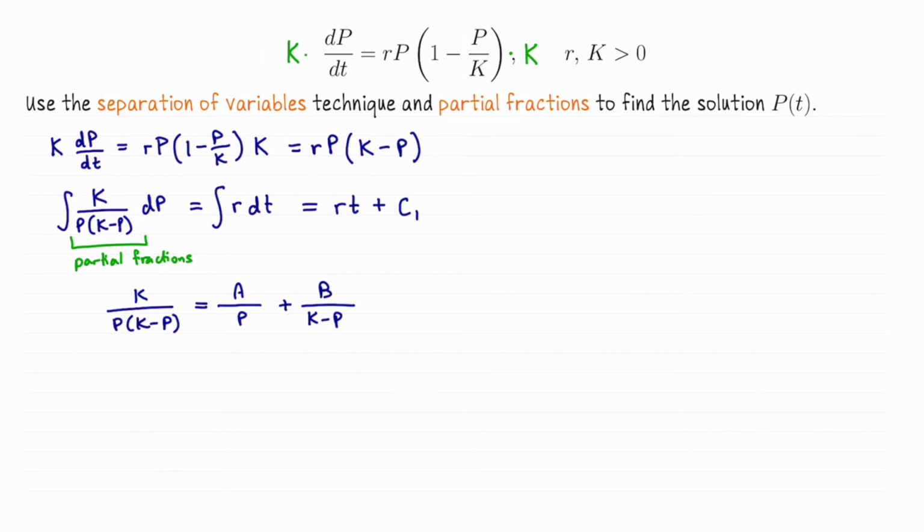Let's now add those two fractions together. Using a common denominator, across the top I'm going to write aK minus aP and then plus bP. That's all over P times (k minus P).